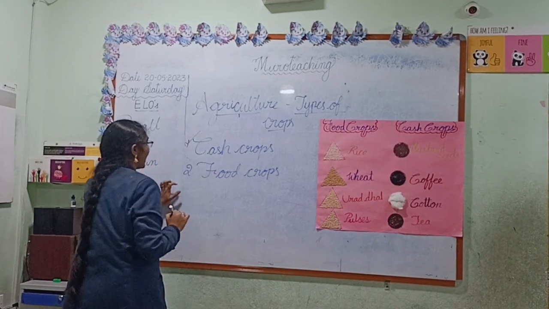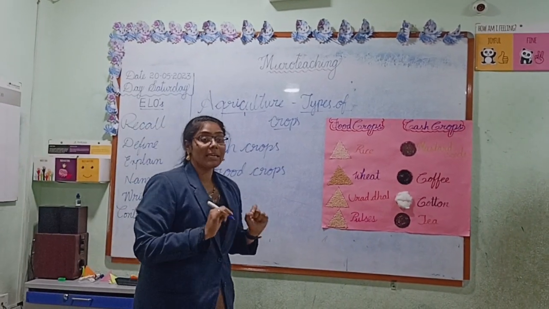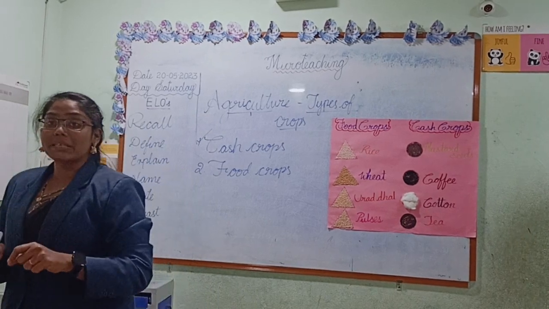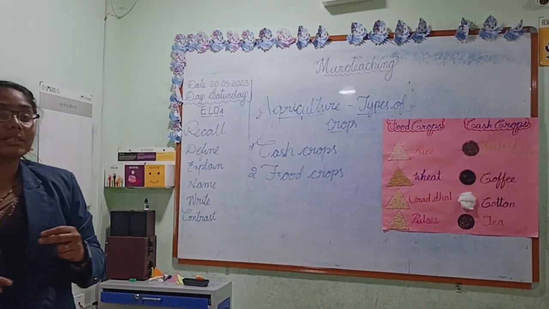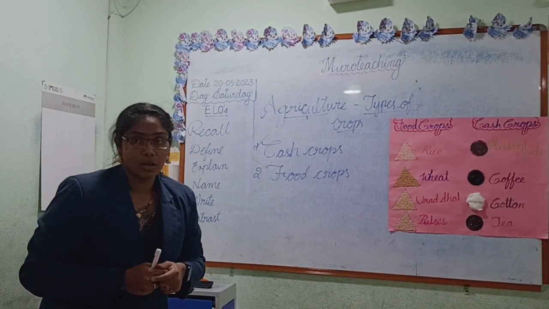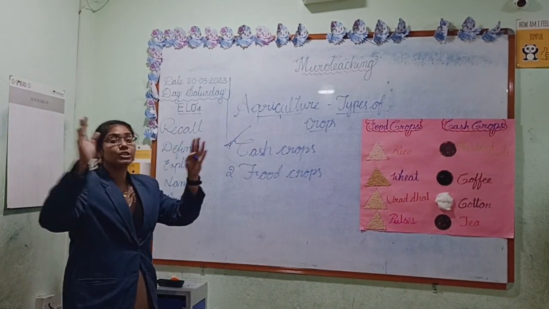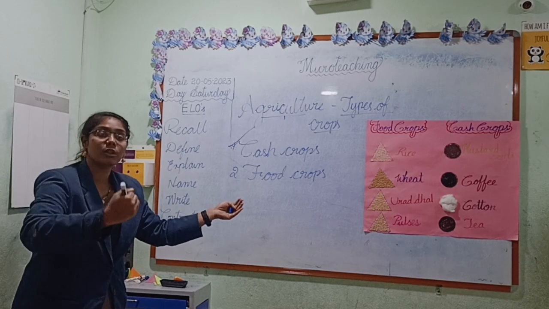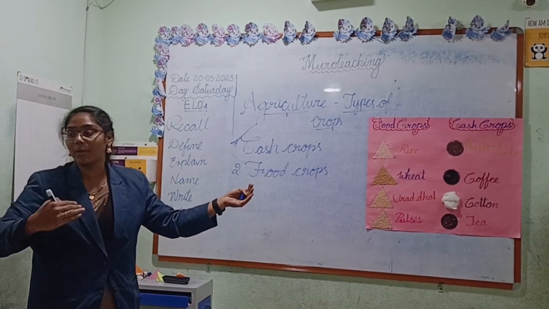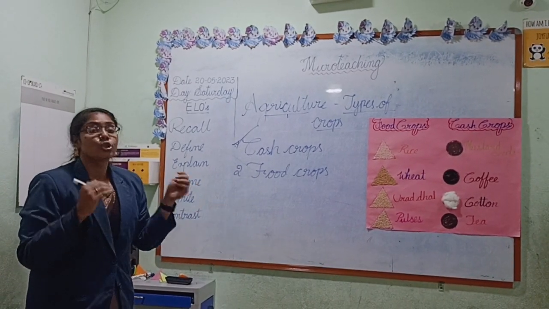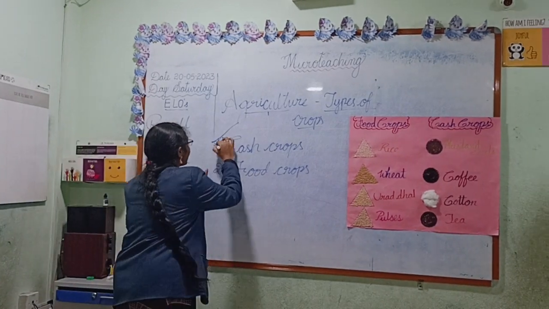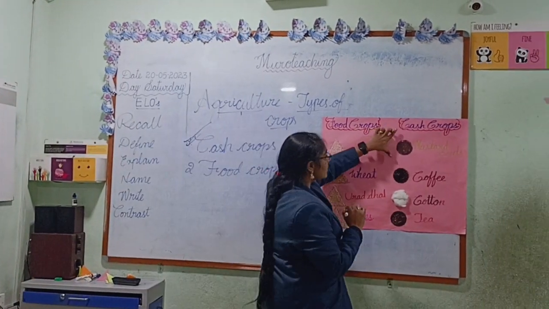Let us see cash crops. What do you mean by cash crops? A cash crop is a crop which is grown for selling in the market to get a profit. We grow cash crops in large quantities and sell them in both international and national markets for profit.